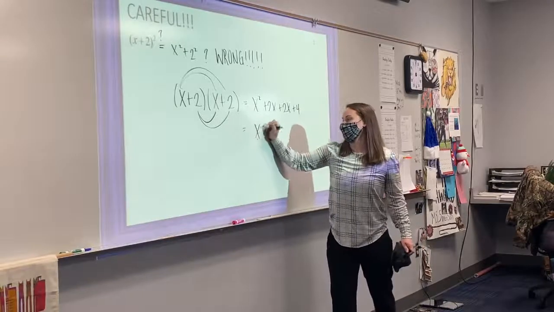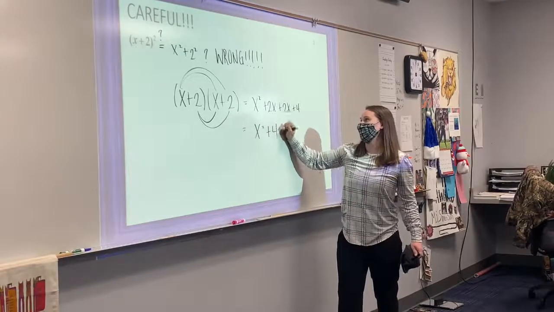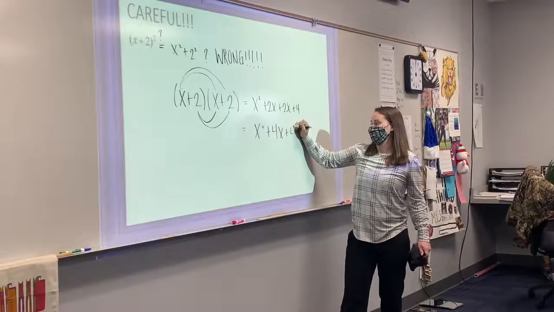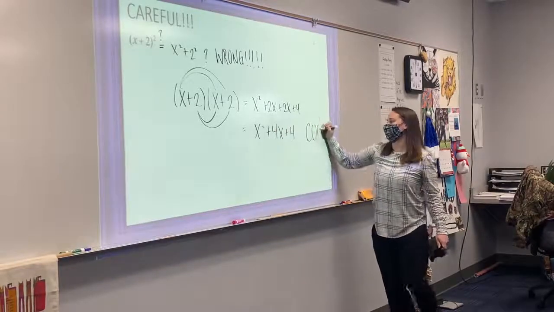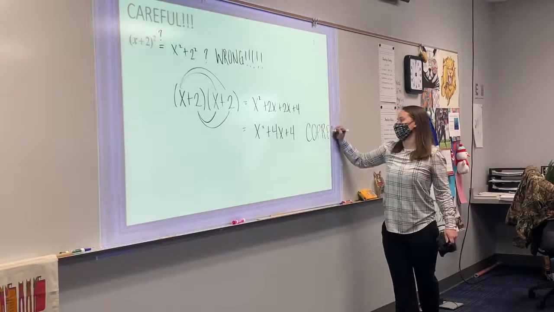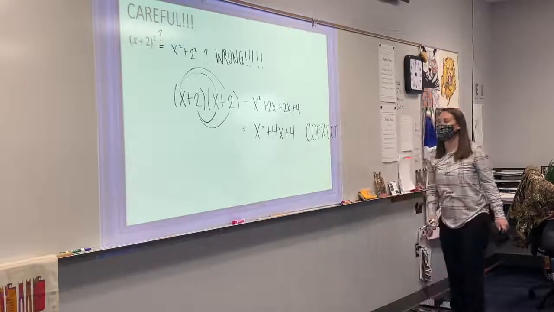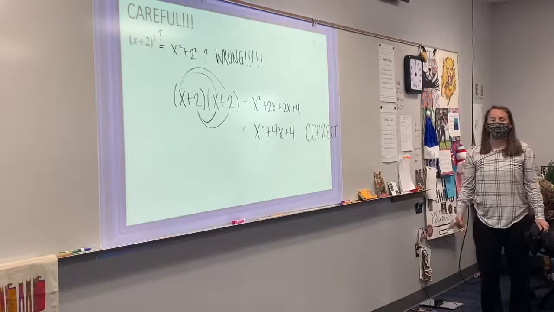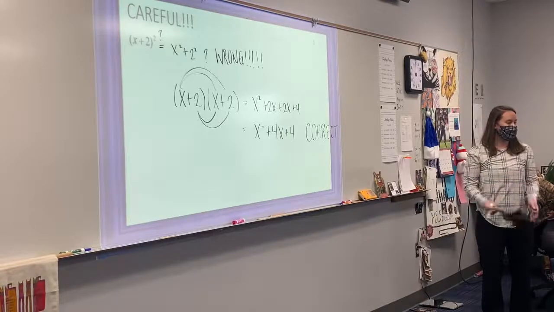So our final answer is x squared plus 4x plus 4. This is correct. So be careful with distributing your 2 in there. It's a common mistake.